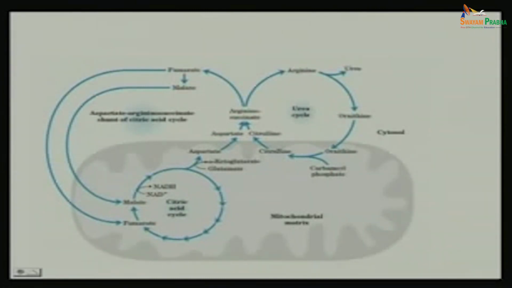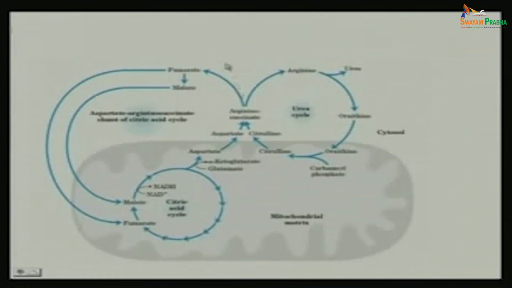See, this is the cell, this is the mitochondria and this is the cytoplasmic fluid. So, citrulline is produced and transported out of the mitochondria to the cytoplasmic fluid. This citrulline is now producing arginosuccinate. Arginosuccinate, when it is cleaved, produces arginine and fumarate.